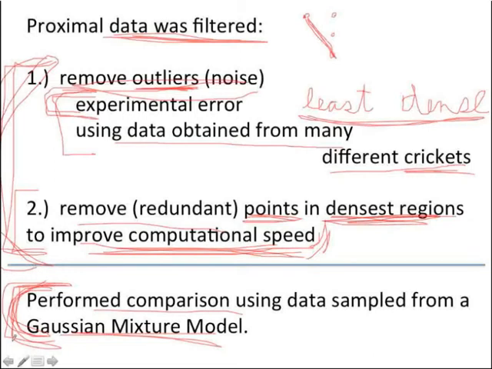This is particularly important because we do have some very sparse data in the distal end, compared to the not so sparse data in the proximal end. One can then fill in some of these things with a Gaussian mixture model and see if maybe the sparseness is causing issues or not.